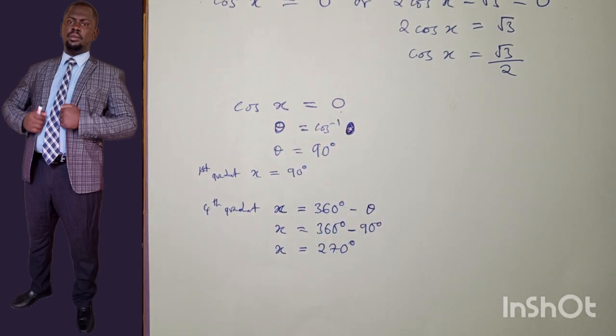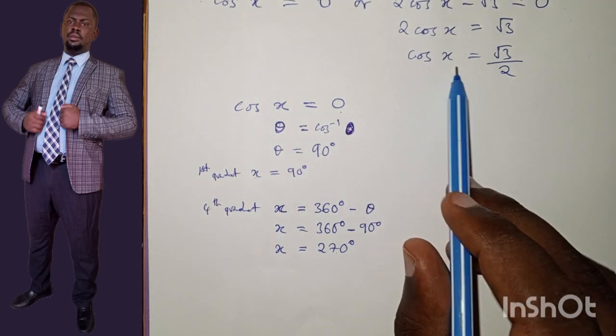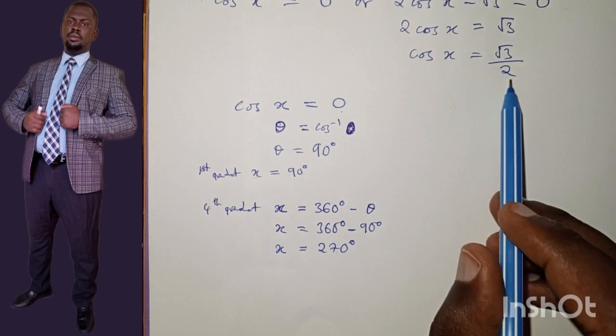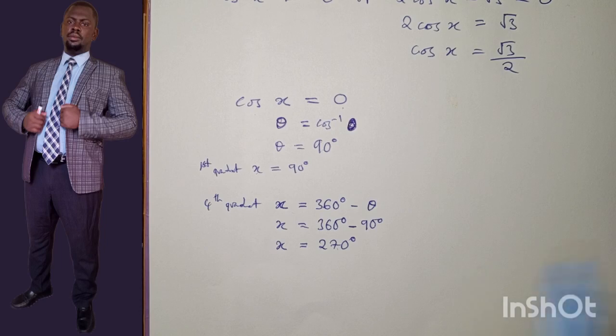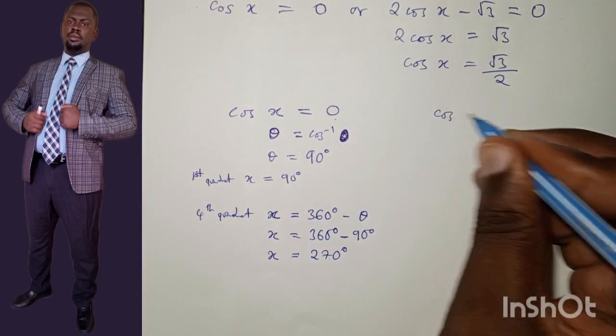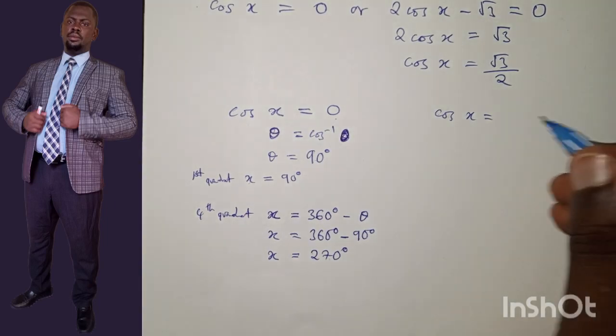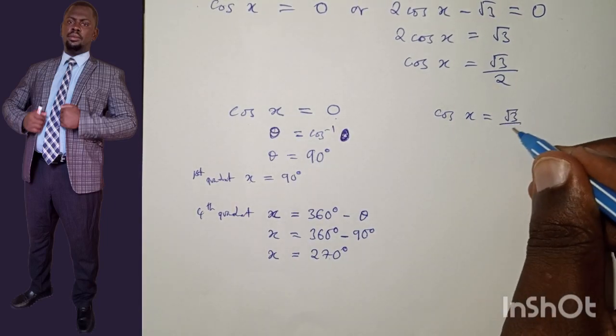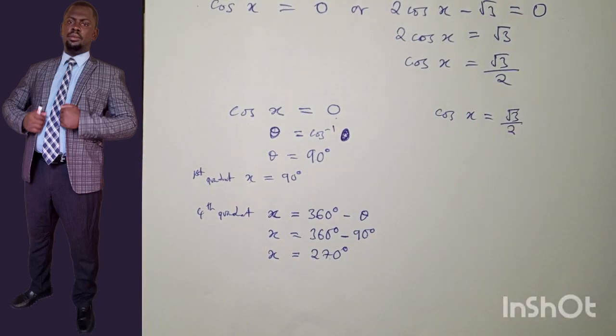Now we go to cos x equals square root of 3 over 2. Again, it's the same idea.